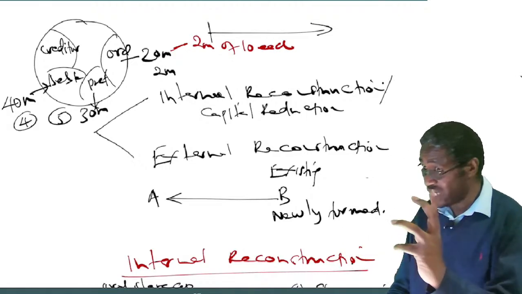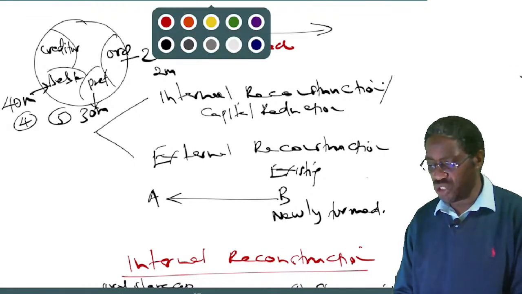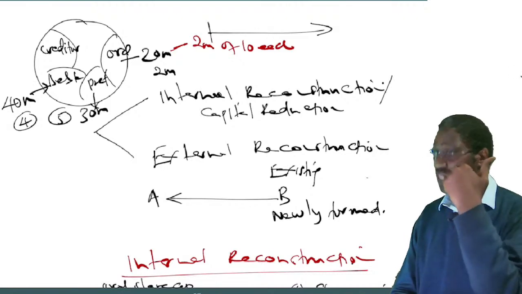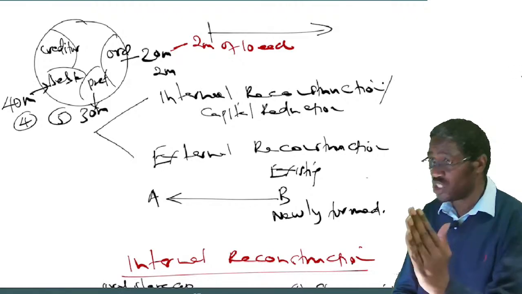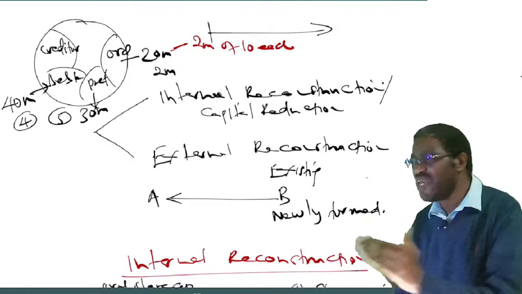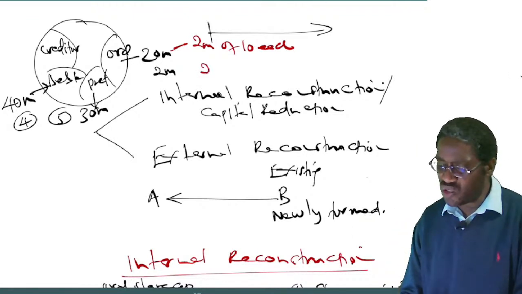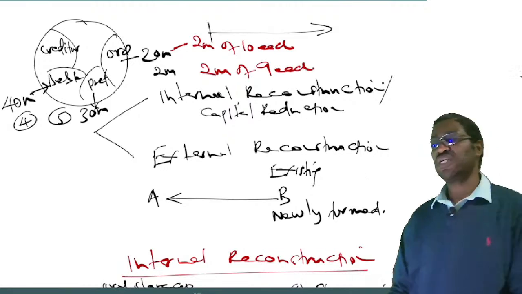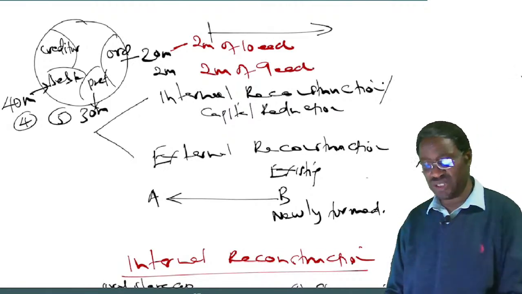They could have decided that the approach of reconstructing the company is to write off the old shares and maybe replace them with another 2 million shares of shillings 9 each. If they took that approach, listen to this now.